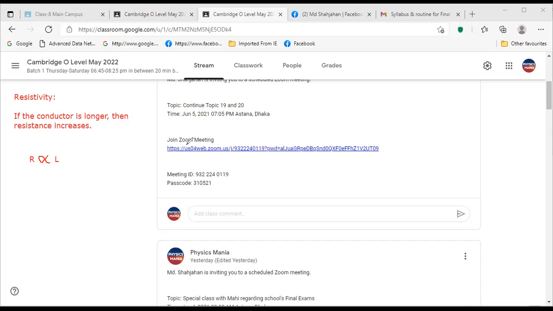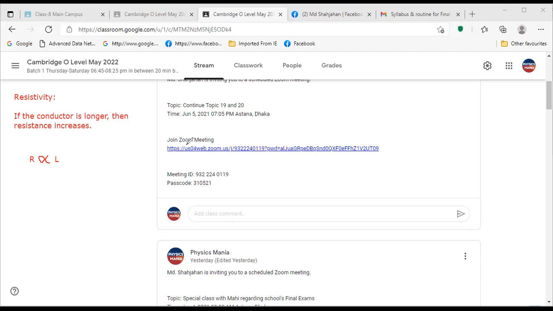So cross-sectional area means pi r square here. If you know the diameter of the wire, you will get the cross-sectional area. If the diameter is more, the cross-sectional area is more. If the radius is more, the cross-sectional area is more. Is it clear?